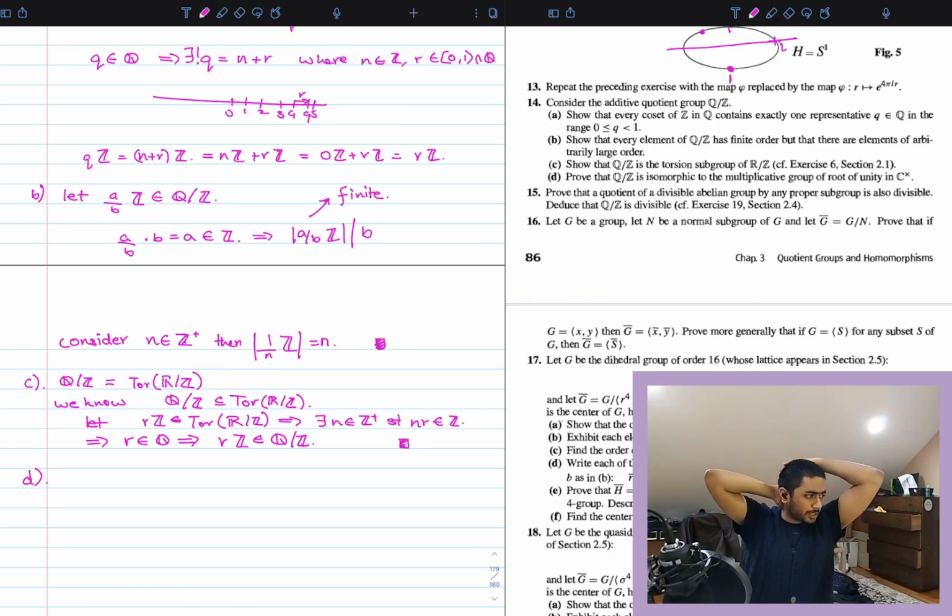Prove that Q mod Z is isomorphic to the multiplicative group of unity. All right, let's construct a homomorphism.